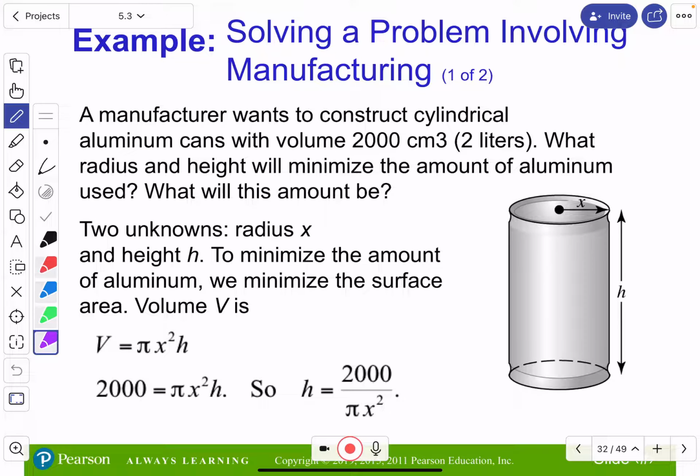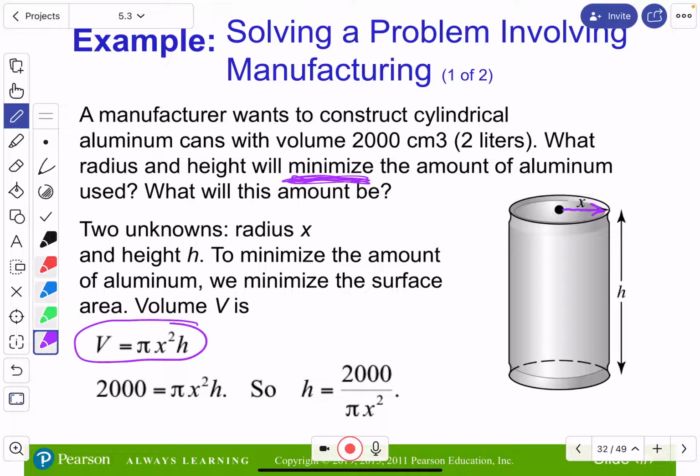All right, here's another problem. We're getting there. A manufacturer wants to construct a cylinder with volume 2,000 cubic centimeters. What radius and height will minimize, so we know we're looking for a minimum, the amount of aluminum used. So if we have our cylinder, we know x is the radius and height is our h.